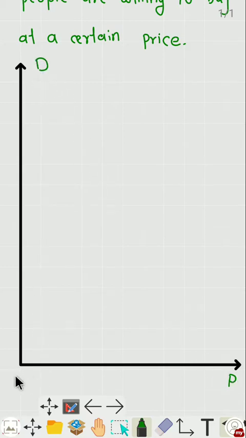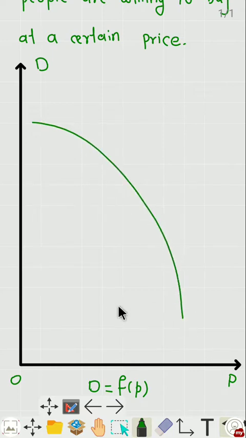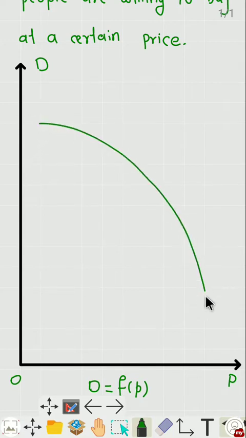This is the origin, and the graph of the demand function D, which depends on price, is given like this, or we can draw it more sharply like this. So this is the graph of the demand function D is equal to f of P.